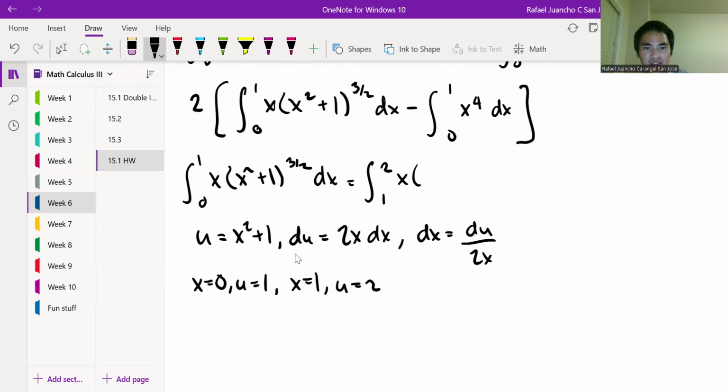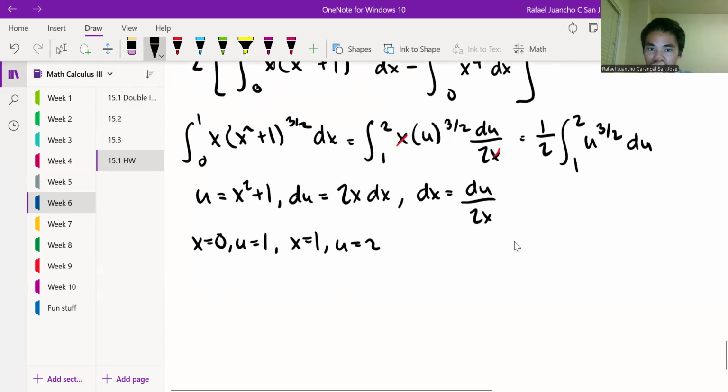And then this is my x, my u to the 3 halves, times du over 2x. I take out my x. Then from there I get 1/2, 1 to 2. Oh, much cleaner, right?